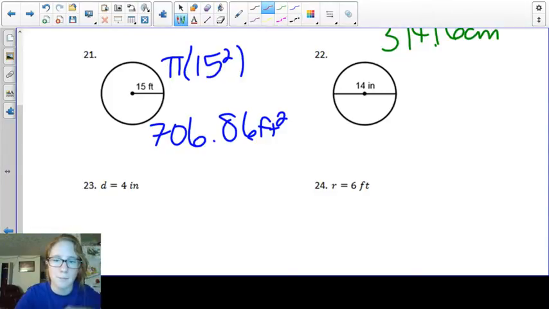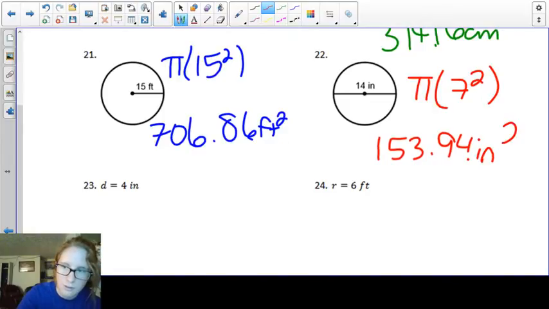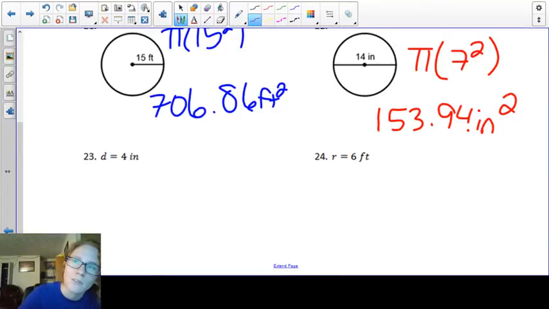I need my radius in this next one, so that's going to be 7. So I need pi times 7 squared, which is 153.94 inches quantity squared. Because remember, we're finding area, so all of these are squared.